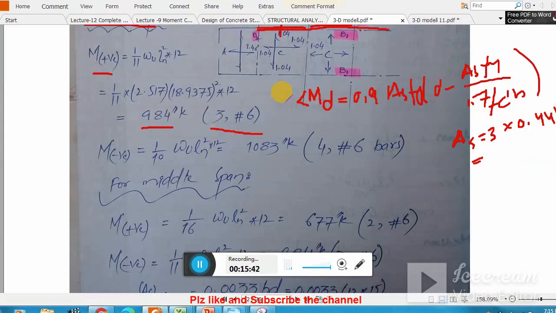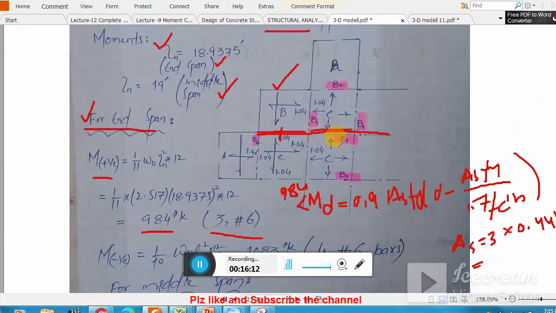Remember, that moment capacity will be greater than 984. Clear? So therefore they directly used 3 number 6 bars. Now M negative is 1/10 Wu ln squared, and this is 1083, and to cover this moment you have to use 4 number 6 bars. So here you calculate As and again plug the value here, you got the moment capacity, and that moment capacity will be greater than this one.